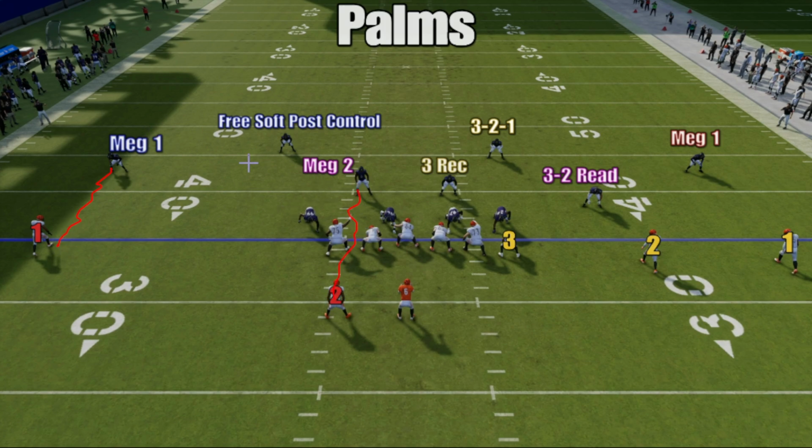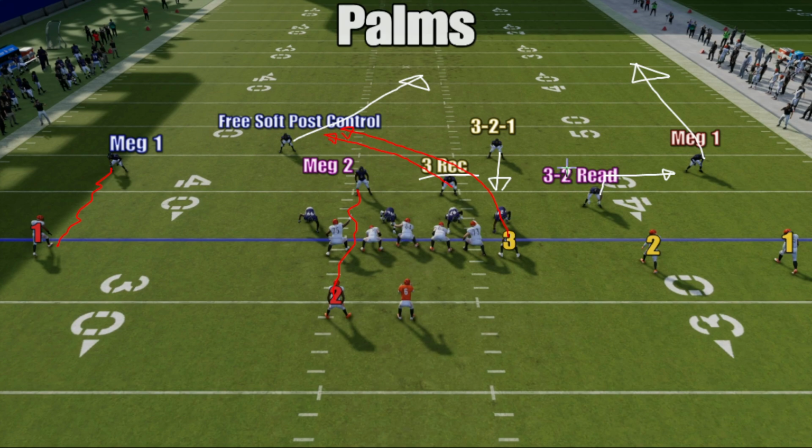Okay, so nothing changes. When you call quarters, well, they're already doing that against trips. But I believe he plays deep middle, third, deep third. I think he's curl flat. He comes down, and then he's the 3 up player, to where if 3 goes vertical, well, then you have to match that.